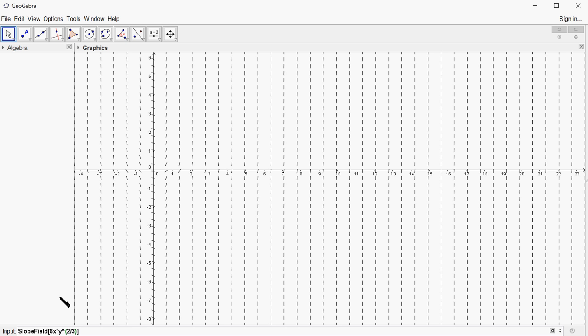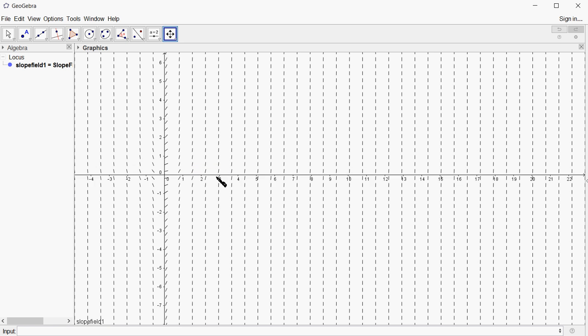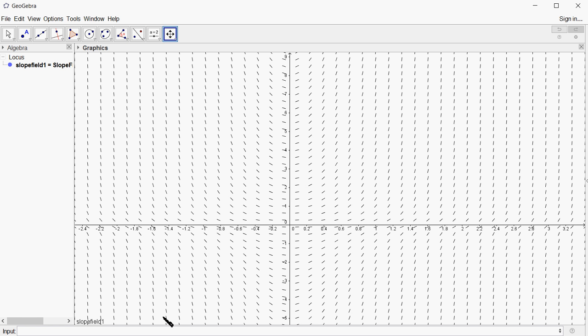So it looks like that. I'm going to move it over here and stretch it out. One of the solutions was y equals x to the 6th power, which looks like this. And that goes through the origin, so it satisfies the y(0) equals 0 initial value condition.